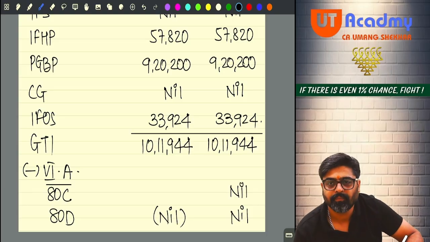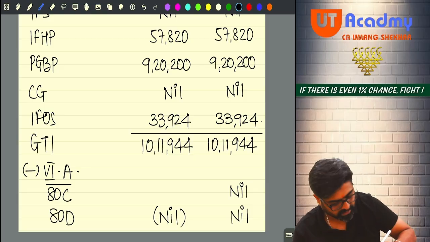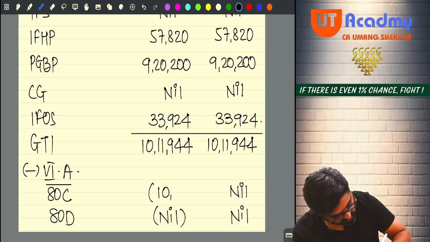Now 80C also you cannot claim here. But do you have 80C? Investment in NSC, how much? 10,000. 10,000 will be allowed under 80C subject to a limit of 1,50,000. So entire 10,000 will be allowed under the normal scheme.